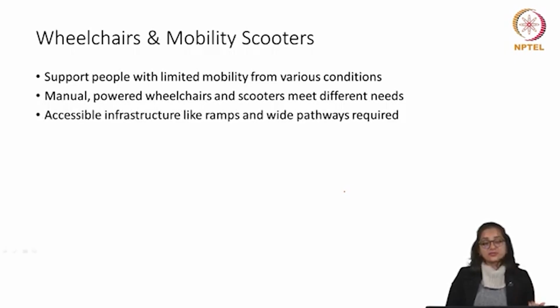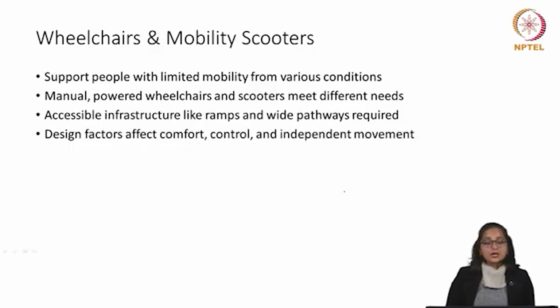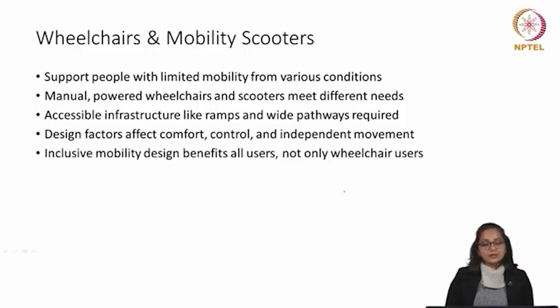Accessible infrastructure like ramps and wide pathways is required so that such wheelchairs can be used. Design factors affect comfort, control, and independent movement. Inclusive mobility design benefits all users, not only wheelchair users.